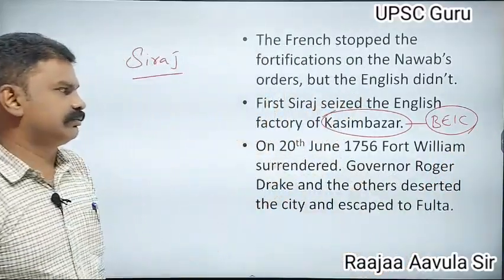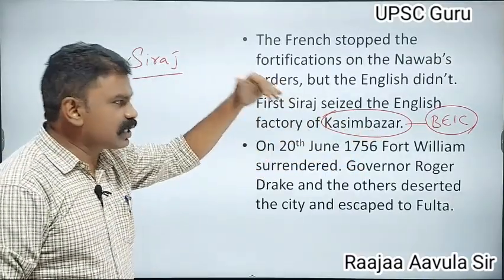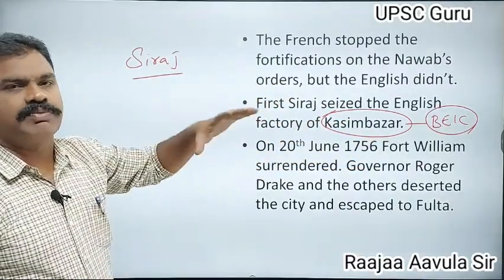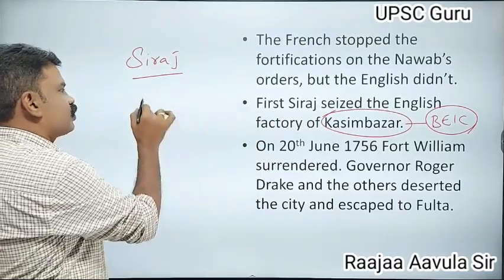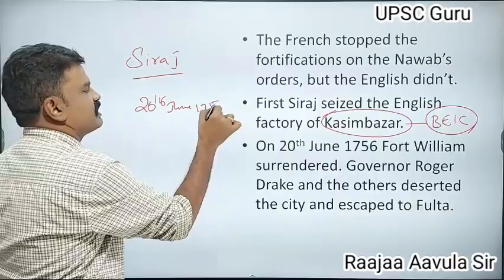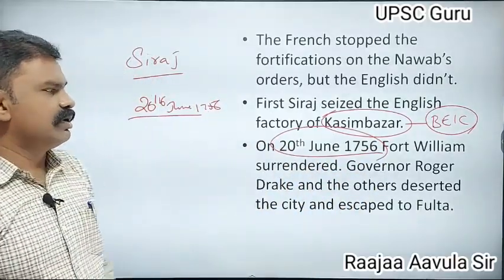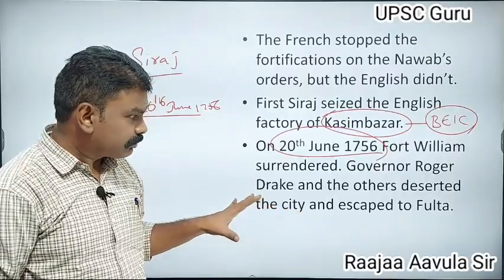Not only that, Siraj-ud-Dawla also captured Fort William. On 28th June 1756, Fort William was surrendered.